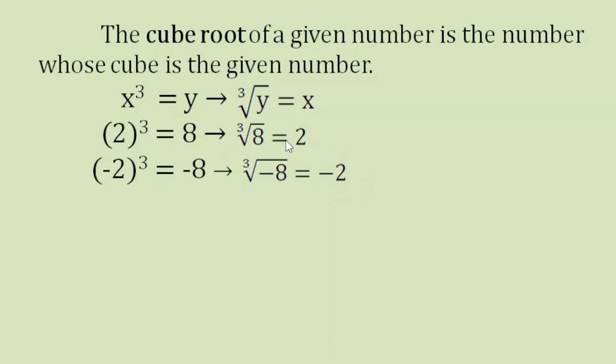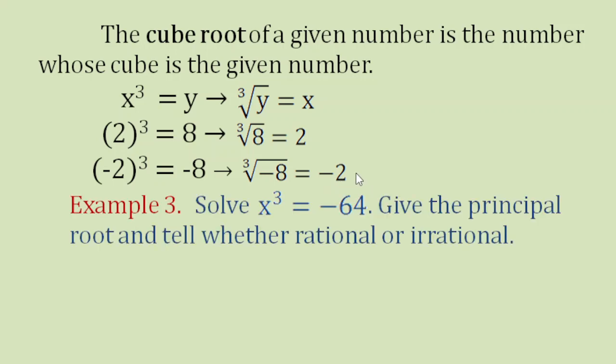So what have we noticed here? If the index is 3, or an odd number, and the radicand is positive, our root is positive. And if our radicand is negative, our root is also negative. Now let's do example number 3. This time, cube root. x to the power of 3 equals negative 64. Now we are solving for x.